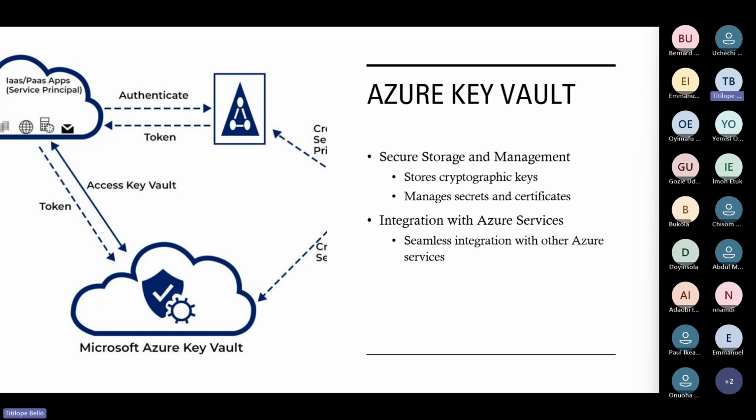One thing you do is, when you create the API, there are keys that you create to be able to establish a connection between the API and the application that you are going to be talking to. Now, this key can be stored in Azure Key Vault so that anytime the API needs to make a connection, you first reach out to Azure Key Vault, get a token from the Key Vault, and present it to Azure AD to get access to the particular information that you need to pick.